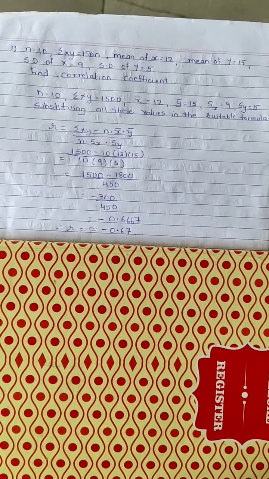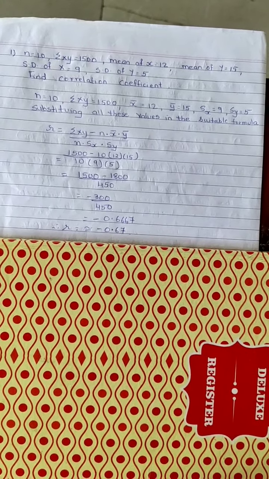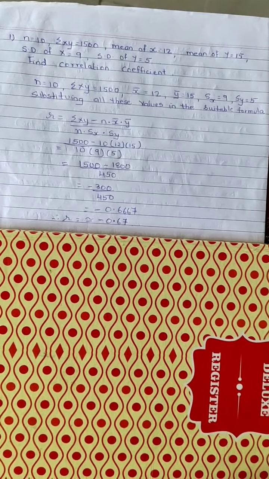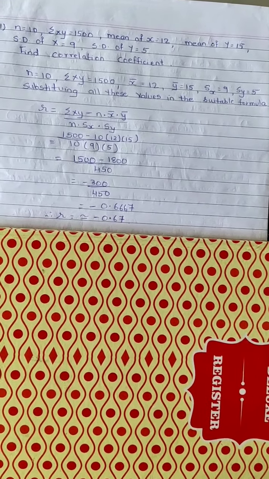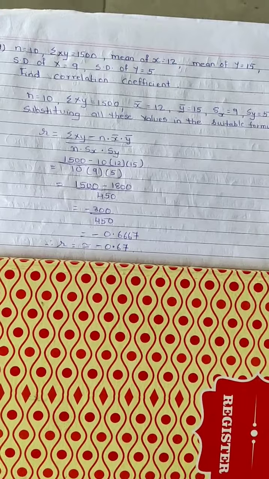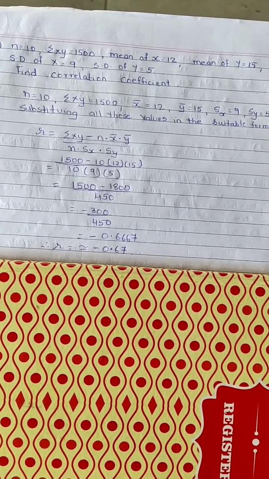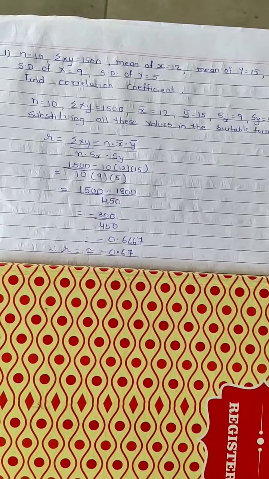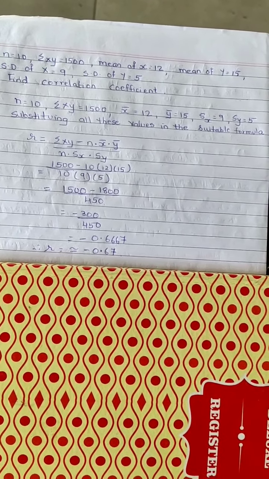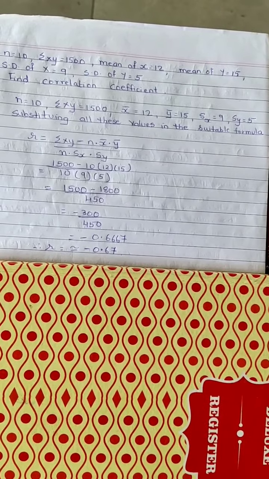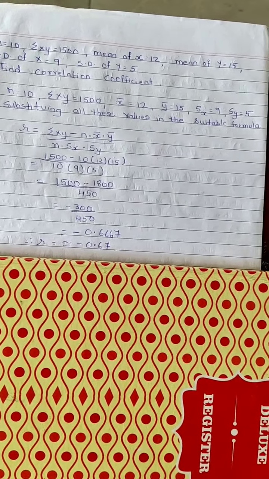One more short sum: n is 10, sigma xy is 1500, mean of x is 12, mean of y is 15, standard deviation of x is 9, standard deviation of y is 5. Find the correlation coefficient. Now remember, again and again I say that based on the values given, a suitable formula is to be selected.